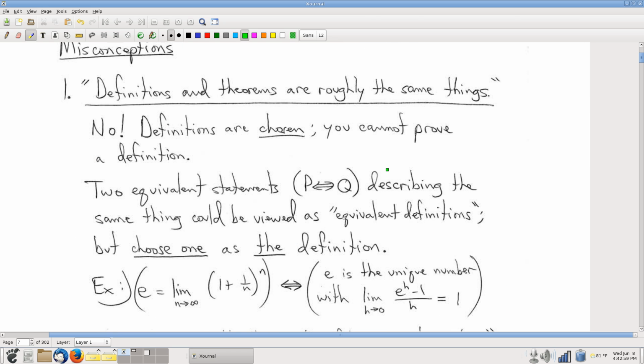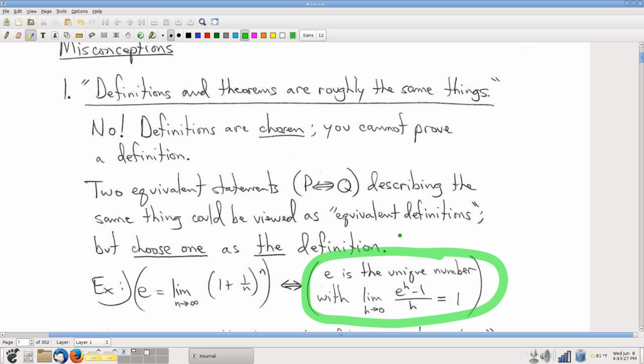Now, I do have to acknowledge that there is an awkward situation that can arise, and that is the idea of equivalent definitions. So, for example, here is a definition of the number e, Euler's number. You might have seen this in a single variable calculus class. Here is a different definition of the exact same number e.